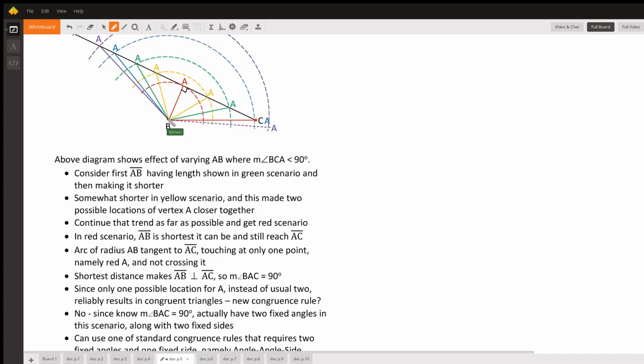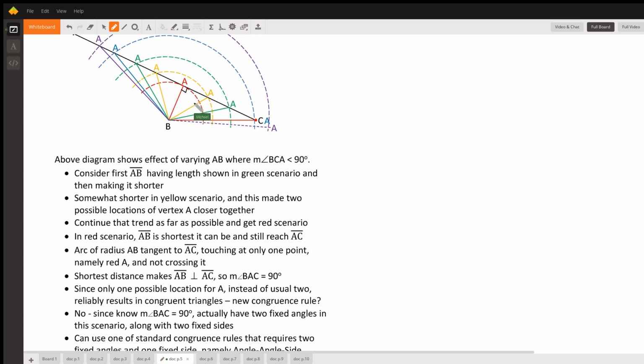In the yellow scenario, it's somewhat shorter, and so these two points are closer together than in the green scenario. And the triangles are starting to look a little bit more alike. But if you carry that to its logical extreme, you reach a point where this side is as short as it can possibly be.